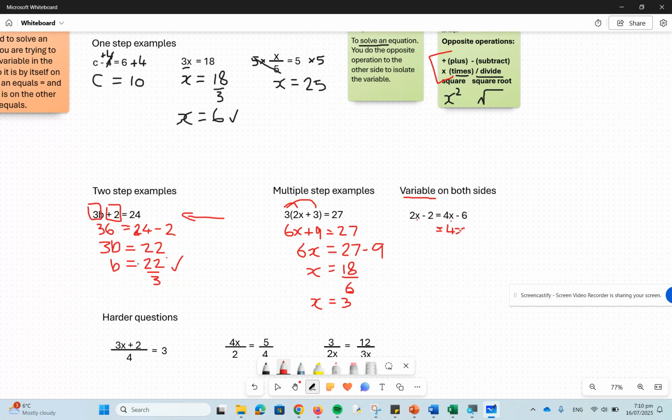So if it's plus 2x on one side, we can move it by going that. So that 2x on that side is now moved to that side. Awesome. And there is actually a minus 6 on there. So we'll leave that. And there is a minus 2 on this side. Okay. Great.